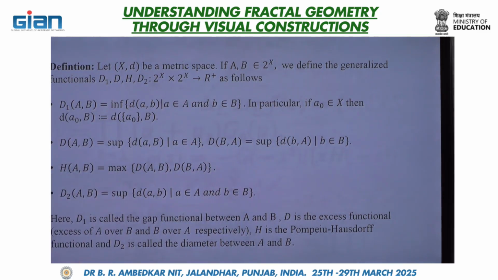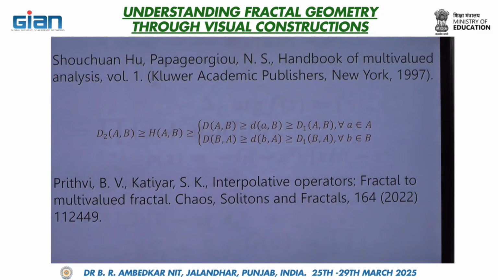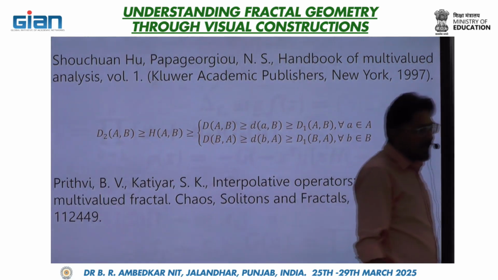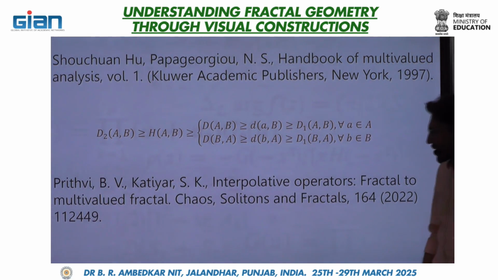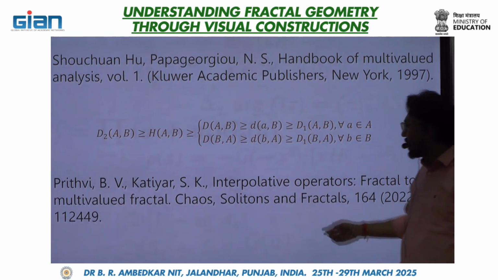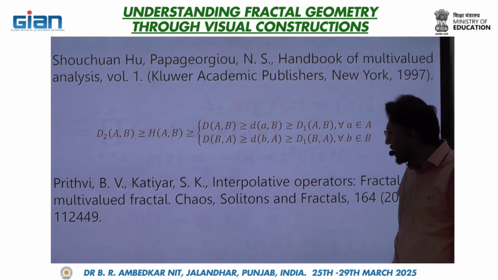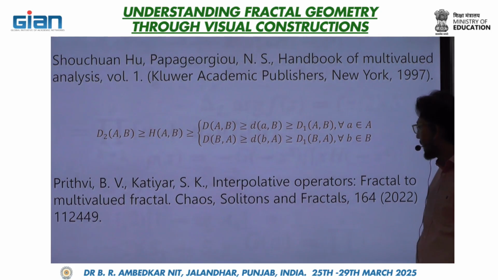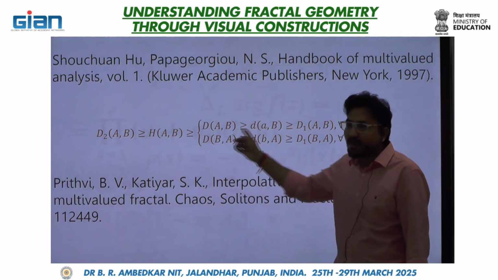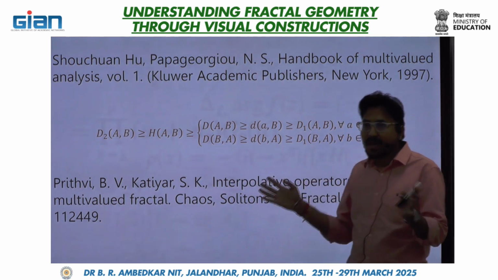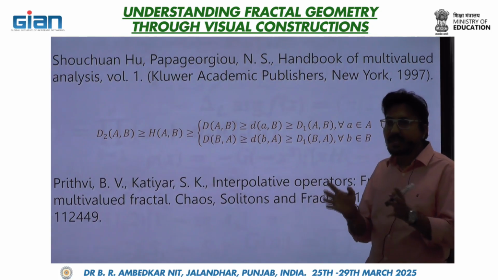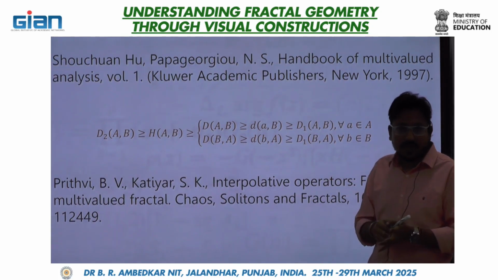So I will go a little further and you see here. Recently my first PhD student B.V. Prithvi defended his thesis. Now he is Dr. Prithvi. He wrote one paper, interpolative operators, fractal to multivalued fractal, and it appeared in Chaos, Solitons and Fractals in 2022. We have given one result to compare all kinds of distances, which is greater than which.